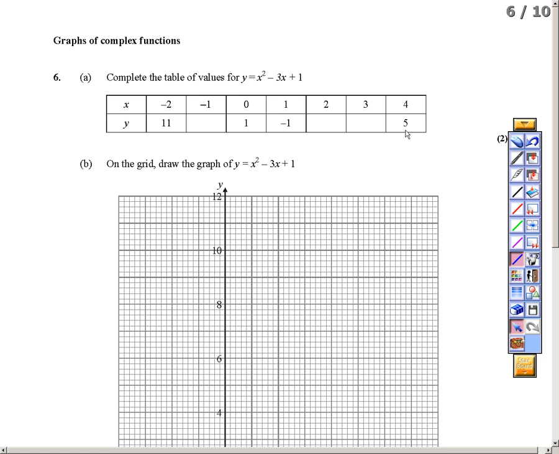It's a good idea, if you're not sure what you're doing, to check one of the values that's already there.